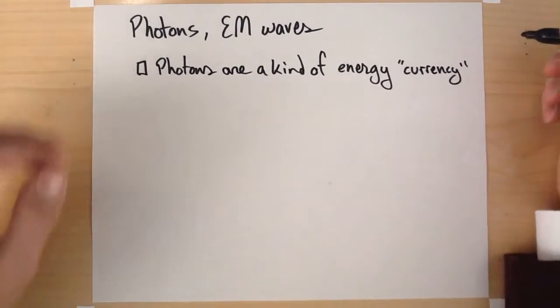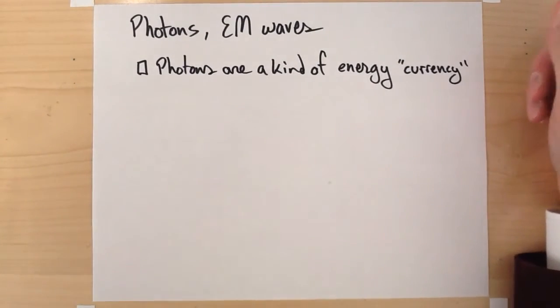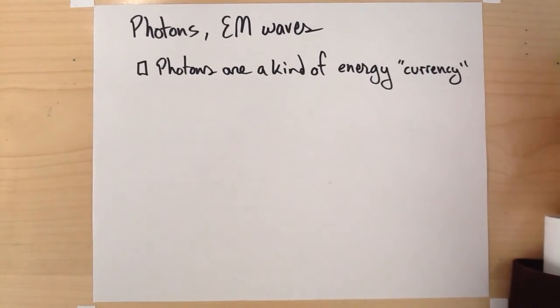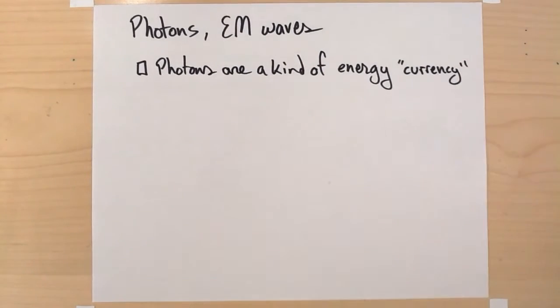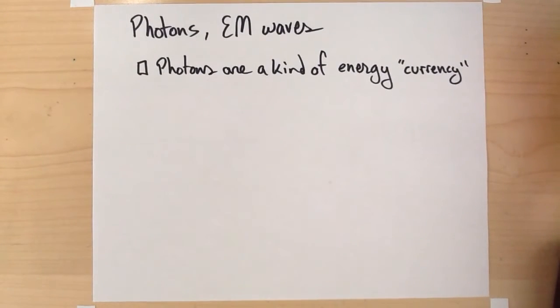So I think you should think of photons as the dollars and cents of what happens to energy. What we'll see is that atoms can gain energy from photons and can give off energy in the form of photons. All right, so thinking, as your textbook says, of photons as a kind of energy currency is really helpful here.